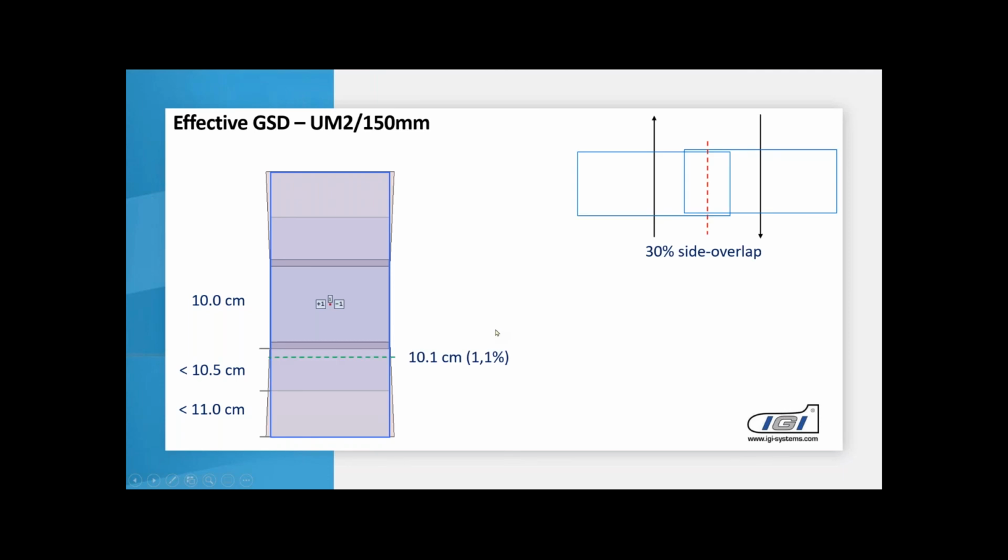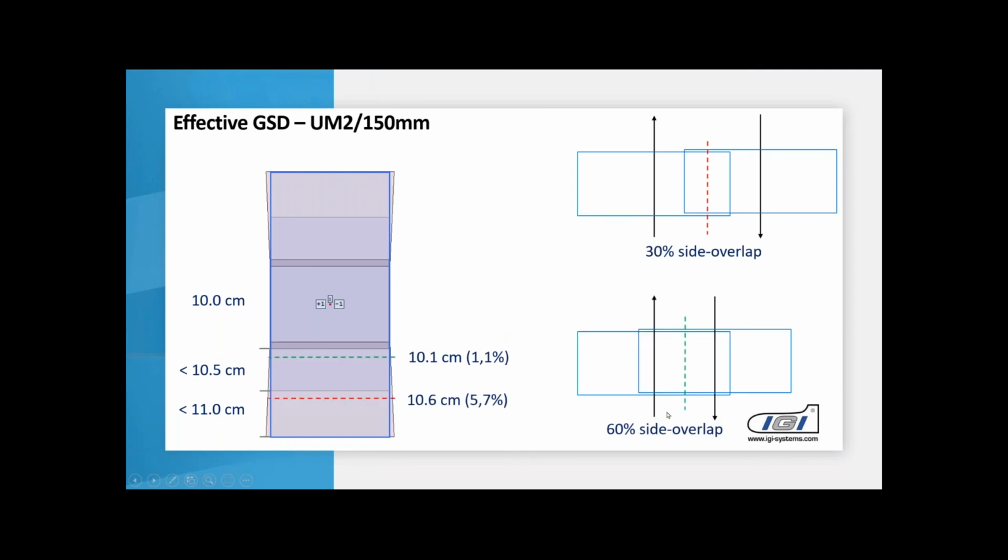In the end, if we create orthophotos with it, for example, with a 60% side overlap, and we just use the netto model of it, this variation in the GSD on the ground is just 1%. So it's not the, let's say, 10 centimeter that was planned, it's 10.1 centimeter.